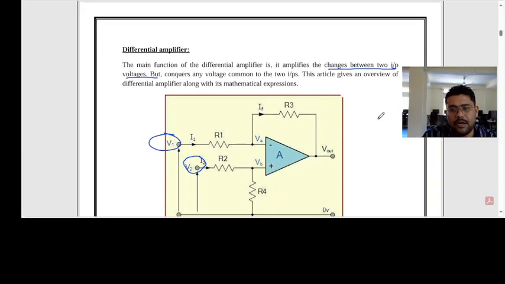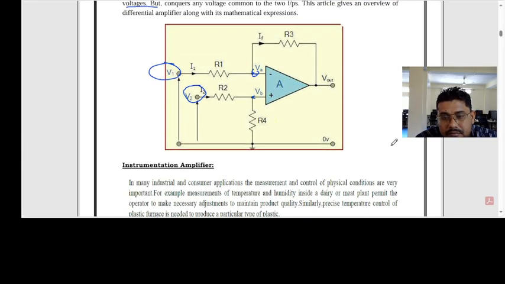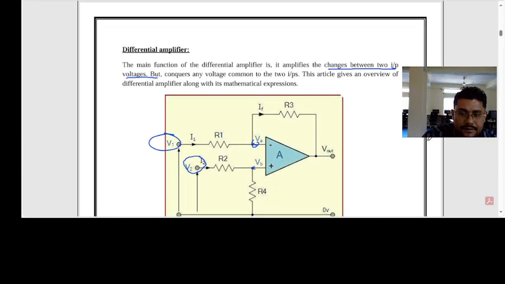We can find the output by using KVL, because V and VB must be equal in the case of an ideal op amp. So we can use one KVL equation here and another KVL equation here, rearrange, and find the output of this amplifier.